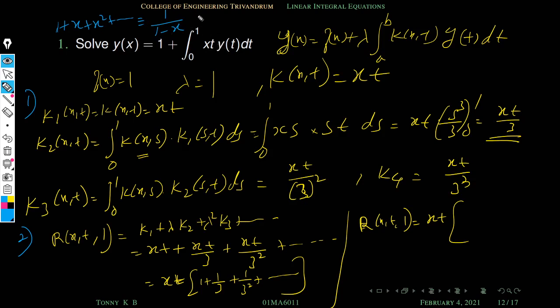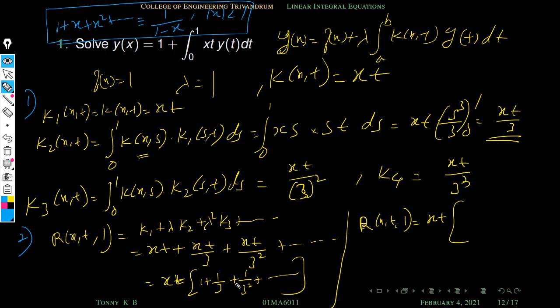This infinite series converges to 1 by 1 minus x only when mod x is less than 1. It is a very standard series.